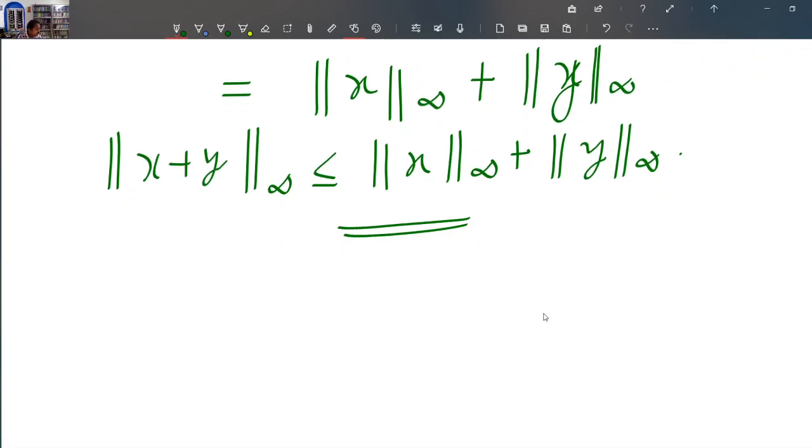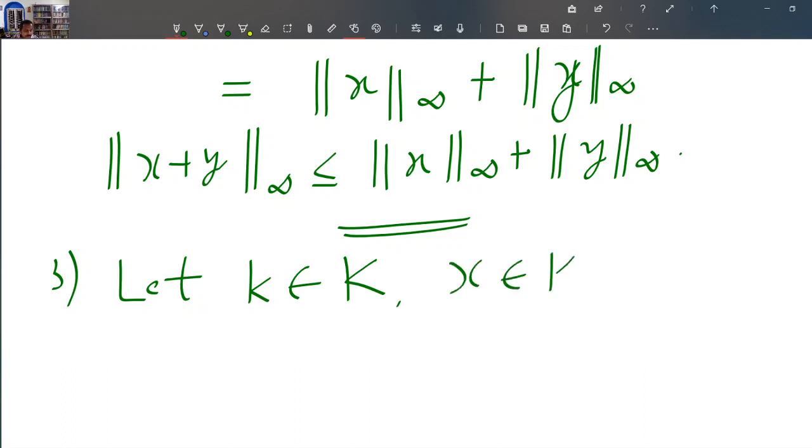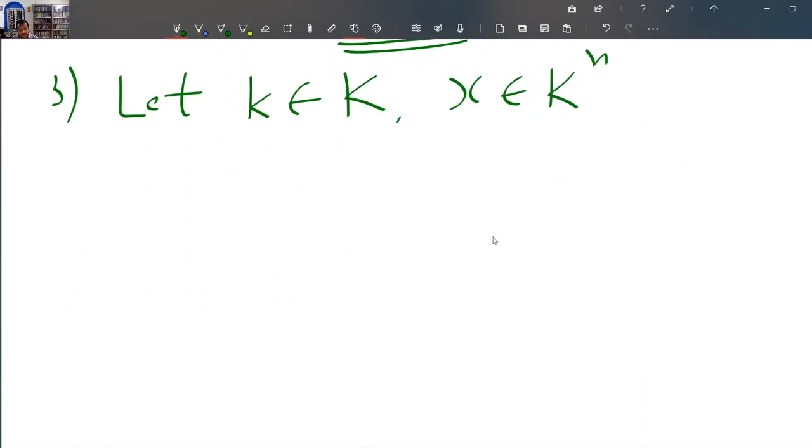Now we are going to prove homogeneity. Let k belong to K, and x belong to K^n, and you consider the supremum norm of kx.